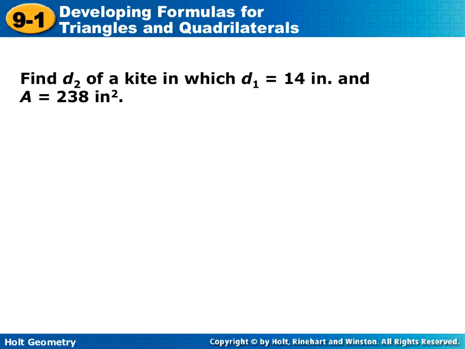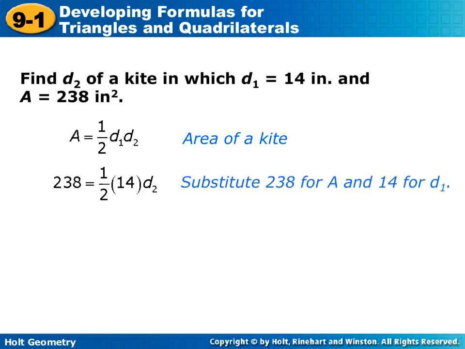You have a concern? Start with the correct formula. Fill in what we know. Area is 238. First diagonal is 14. Yeah, I would probably multiply 1/2 times 14 and get 7.